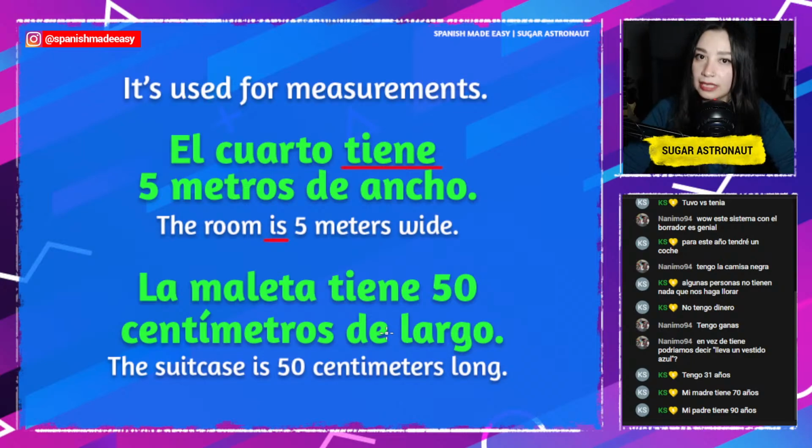But it still sounds a bit odd. Okay, it's technically okay, but I would use the verb tener in that situation as well. El cuarto tiene 5 metros de ancho. Metros, meters, ancho, wide, cuarto, room. Okay.